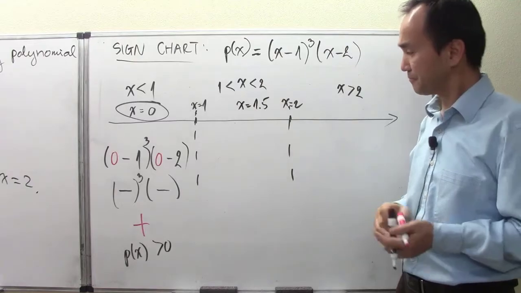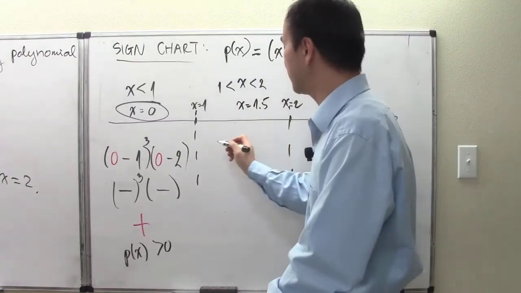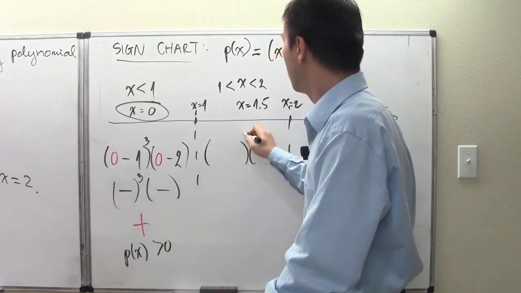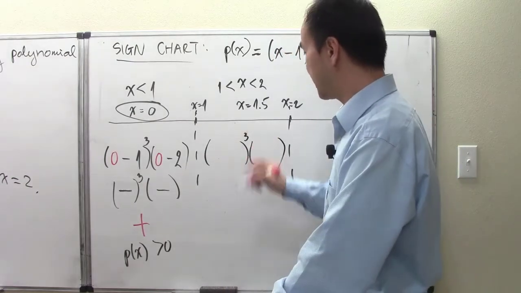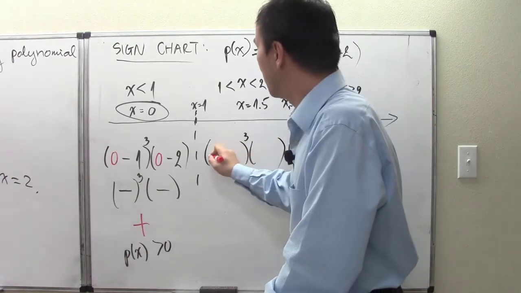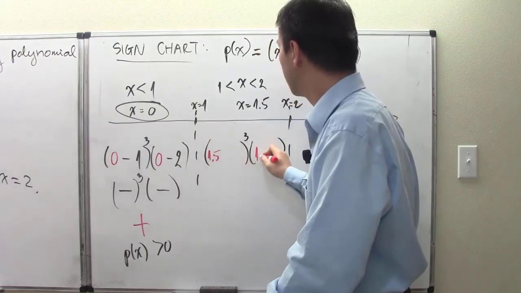Okay, so now again, I'm going to produce two separate factors like that. One of them is being cubed, but here I'm looking at 1.5 and 1.5 again.